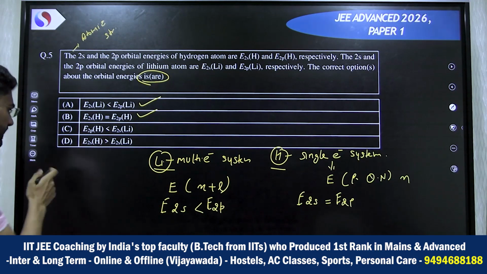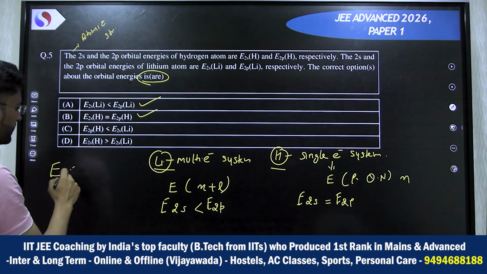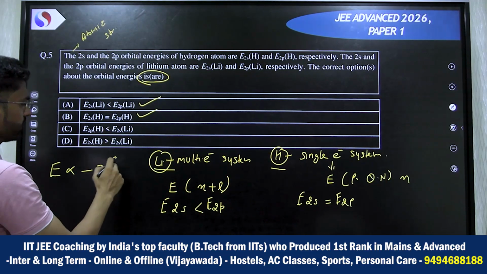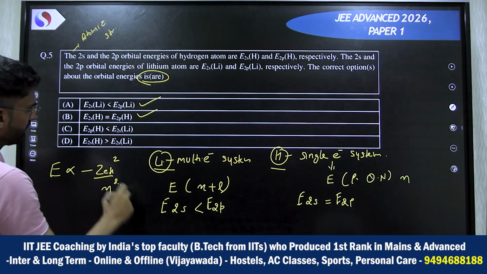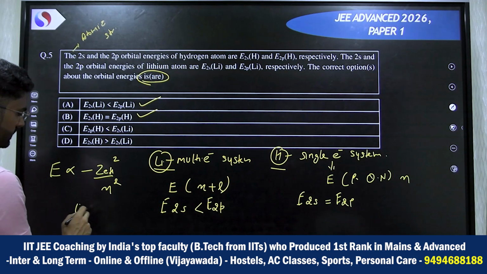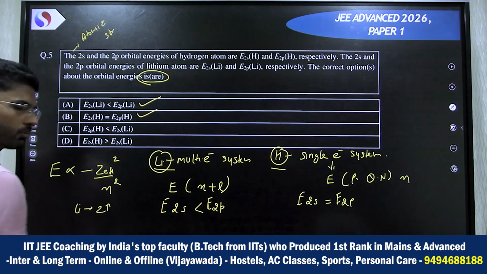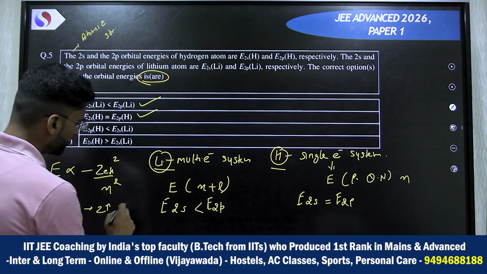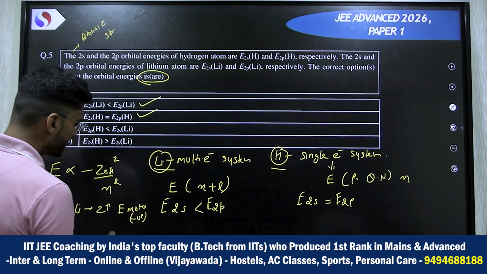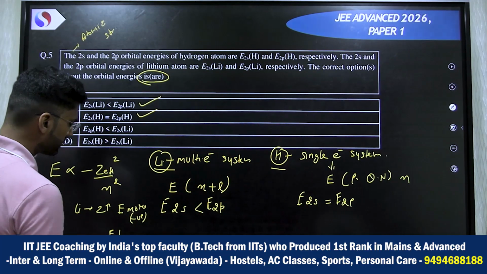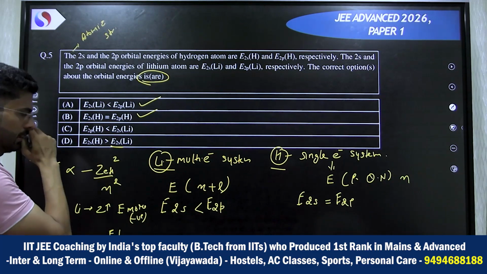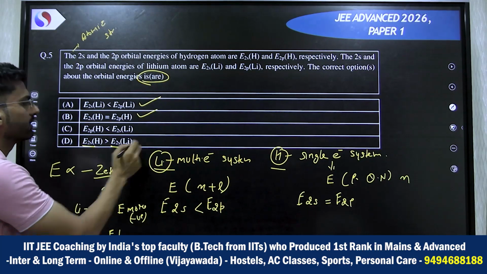One formula we know is that energy is directly proportional to minus Z effective squared by n squared. In the case of lithium, the Z value will be more, the energy will be more negative, meaning the magnitude of energy will be less. So yes, they have given that the energy of 2s of lithium is less than that of hydrogen, that is also correct.